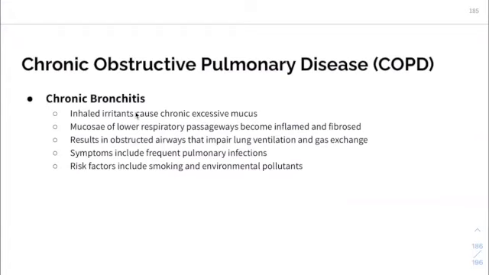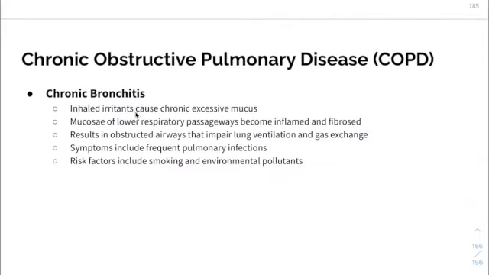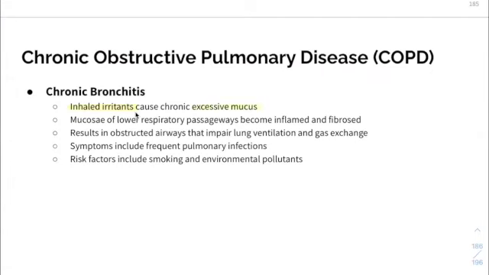Chronic bronchitis. Chronic bronchitis could be because of some kind of inhaled irritants. Sometimes you breathe something in constantly and it can cause excessive mucus production.